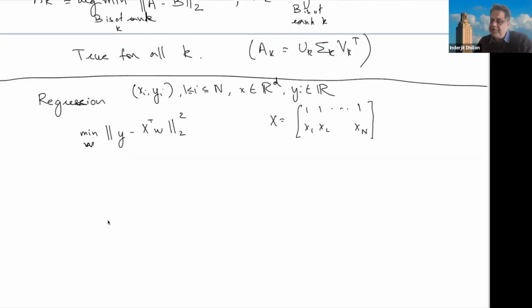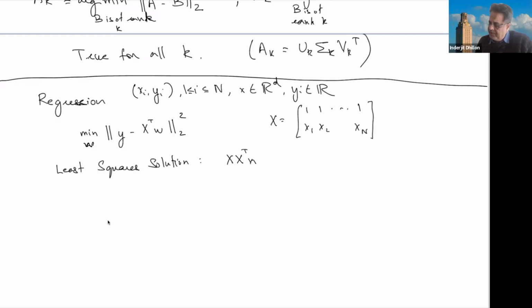In the very first lecture on regression, we saw that this least squares objective has a solution, and we derived it in two different ways, one geometric and one looking at gradients.